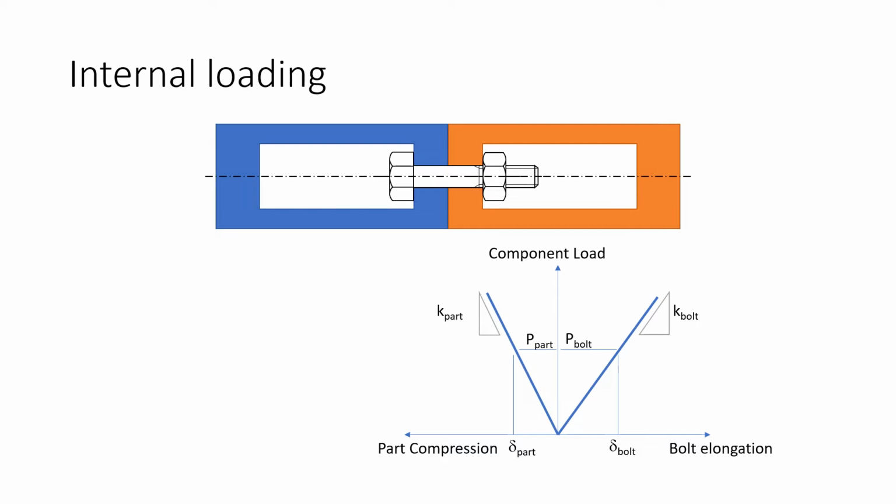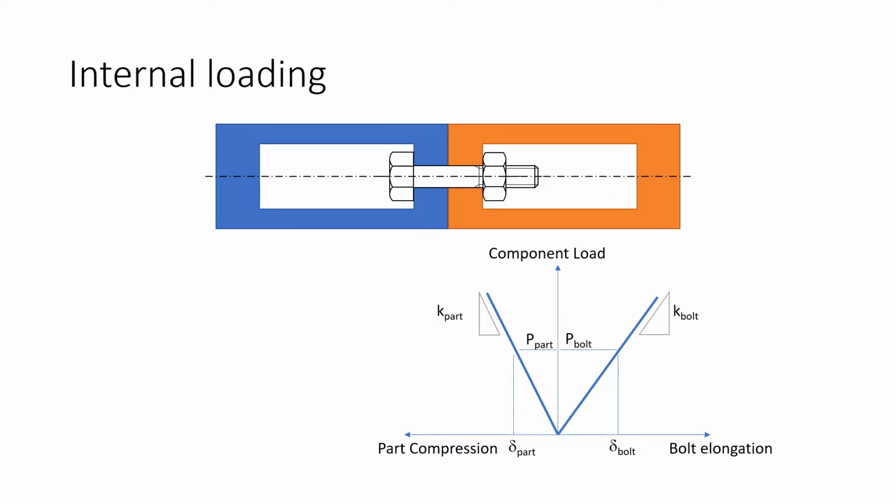So here I have, back to back, the two Hooke's law relationships that are happening. One on the bolt side, where we're elongating the bolt, and one on the parts, where we've got the parts in compression.